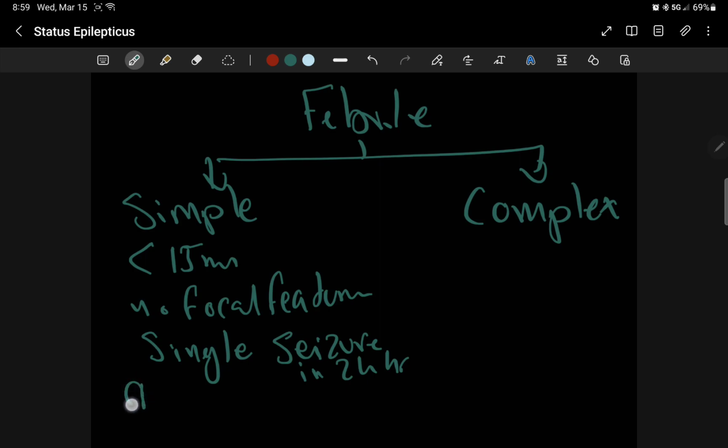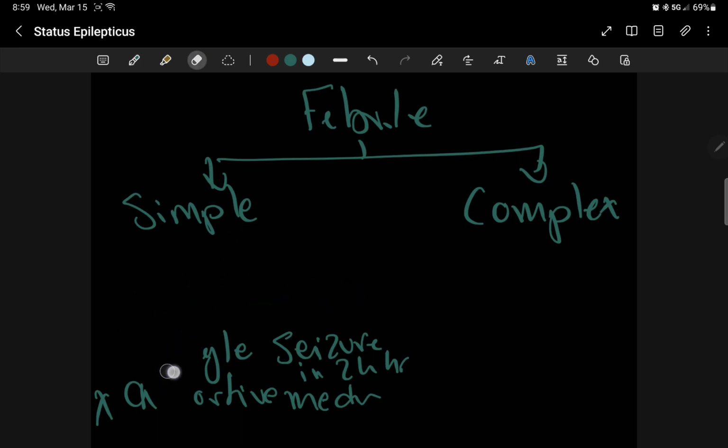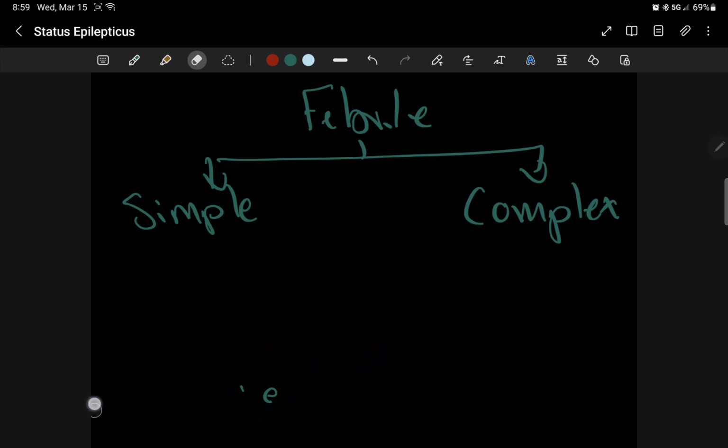Does not require abortive medications. And the patient was able to return back to baseline. So, what about complex seizures?